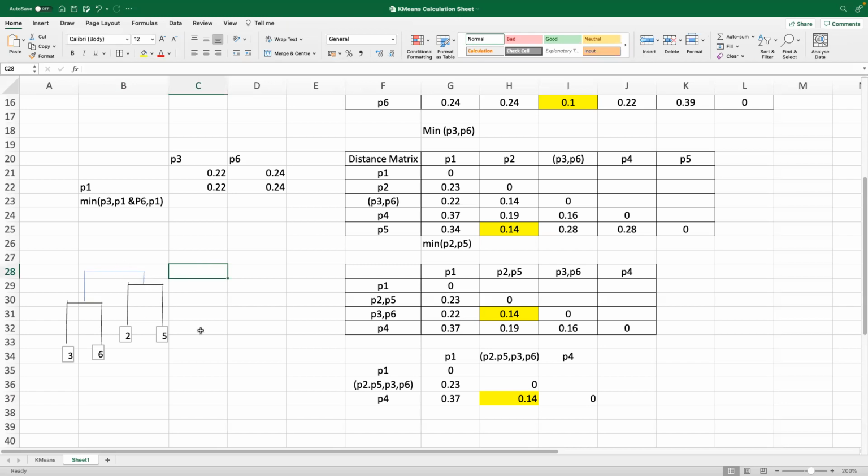On top of this, we have one more cluster, cluster 4.